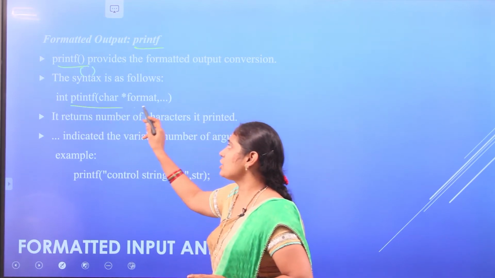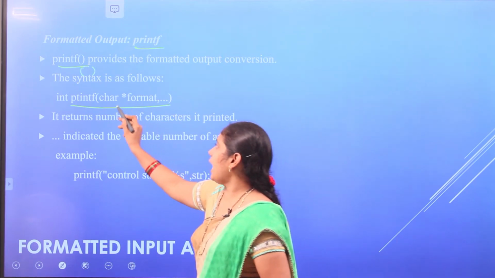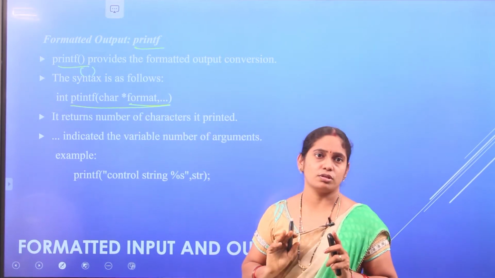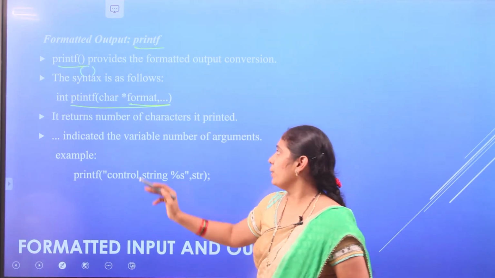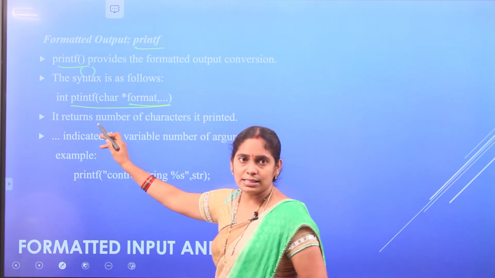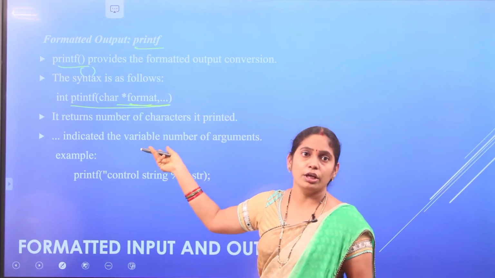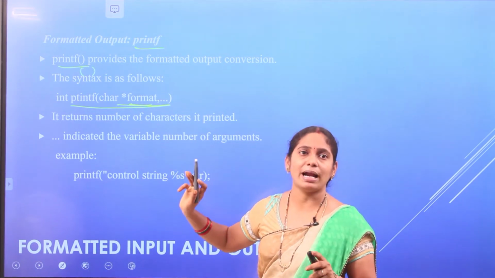Coming to the syntax of it. Printf, the format. Which format we want to use, that format needs to be specified here. So printf, open the parenthesis, and whichever type of data you want to print, you need to represent that specific variable name along with the format specifier.